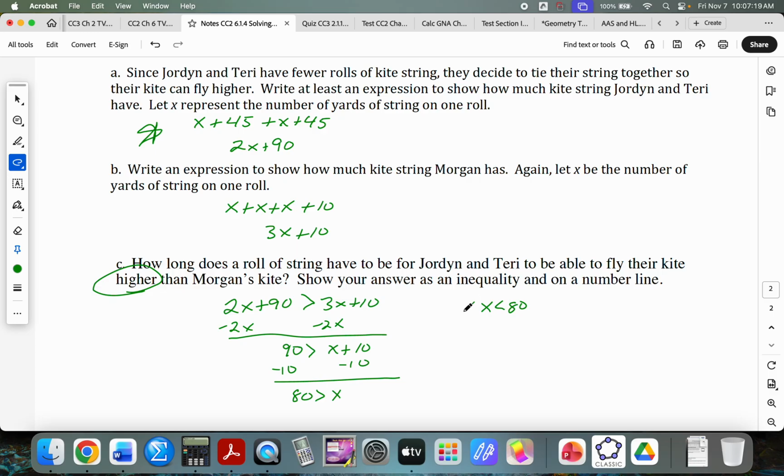But it also has to be greater than 0, right?